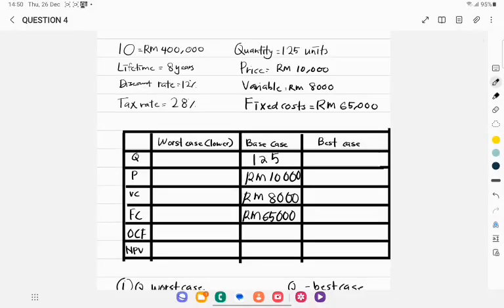Next, we are going to continue with question 4. From the above, you can see this is the information that I got from the question. The initial outlay is 40,000 ringgit, lifetime 8 years, discount rate 12%, tax rate 28%, quantity 125 units, price 10,000 ringgit, variable cost 8,000 ringgit, fixed cost 65,000 ringgit.